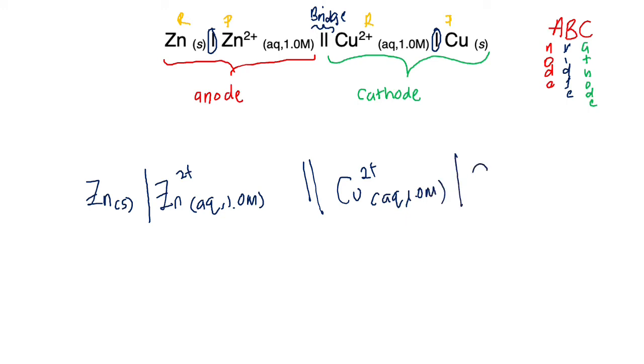Separate the product, which is copper solid. So do not forget the tips A, B, C. Reactant, product, reactant, product. So that's how we write cell notation.